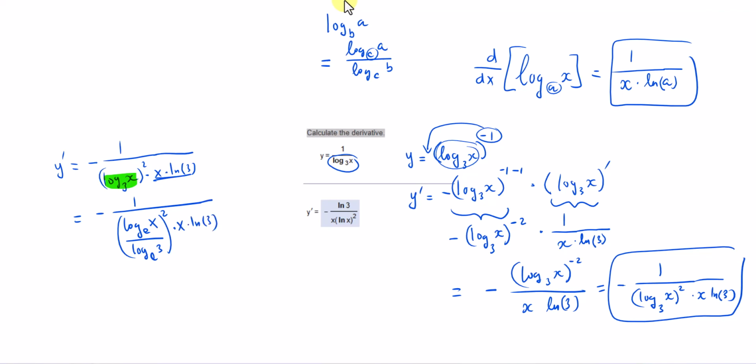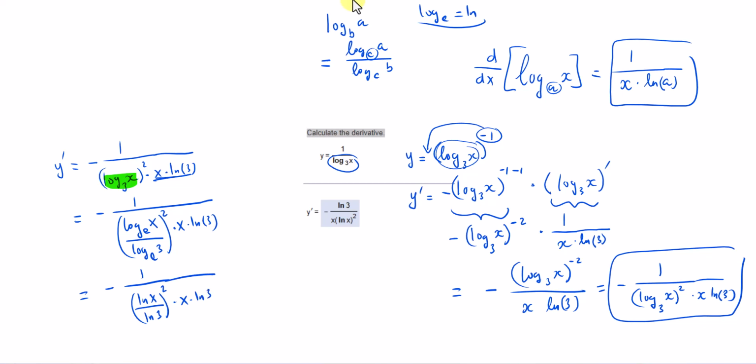But then recall, log base e is just ln, right? Log base e is just ln. So instead of writing log base 3, I can write ln of x divided by ln of 3. And then square, and still multiply with x and the ln of 3.